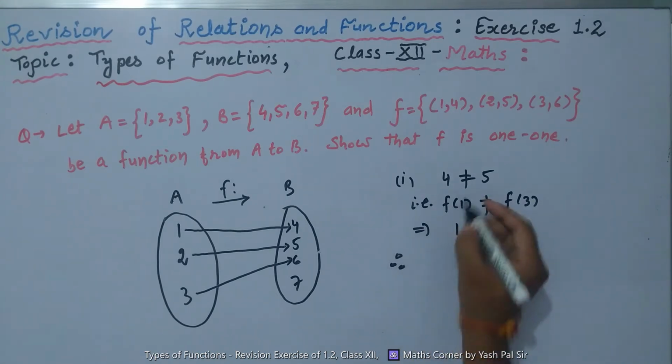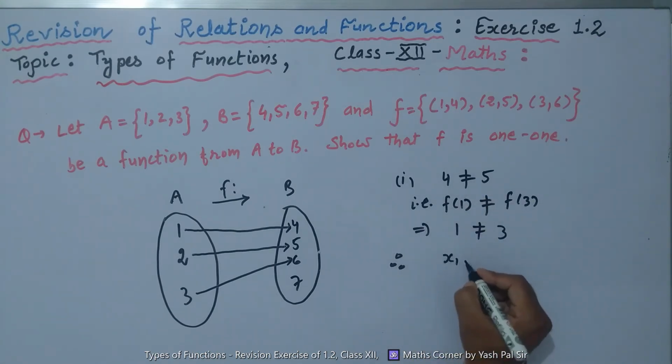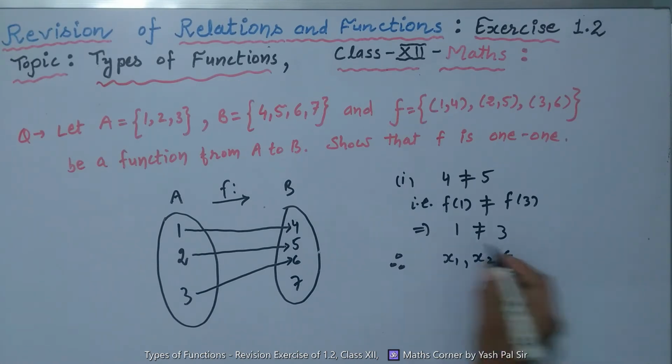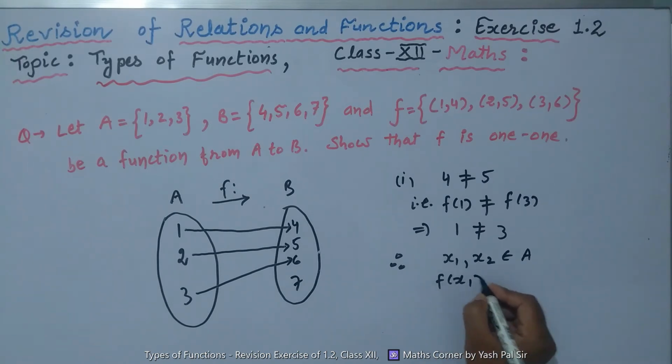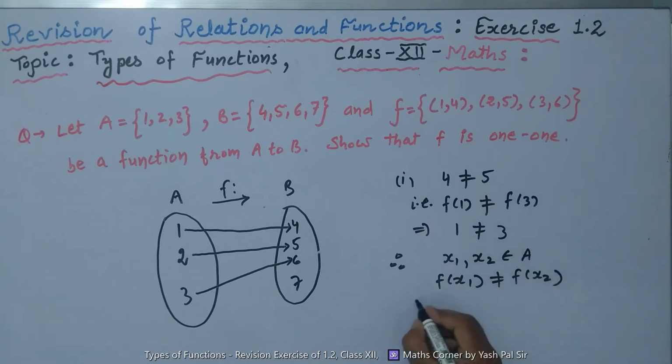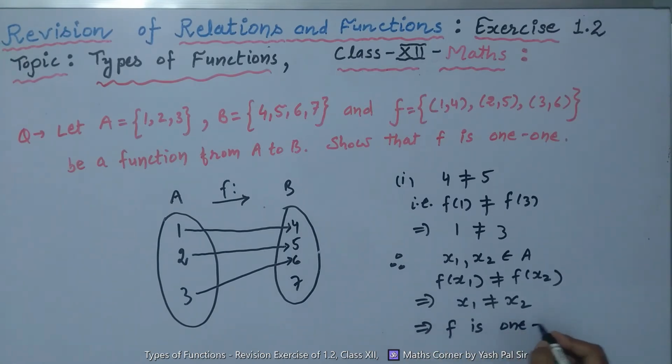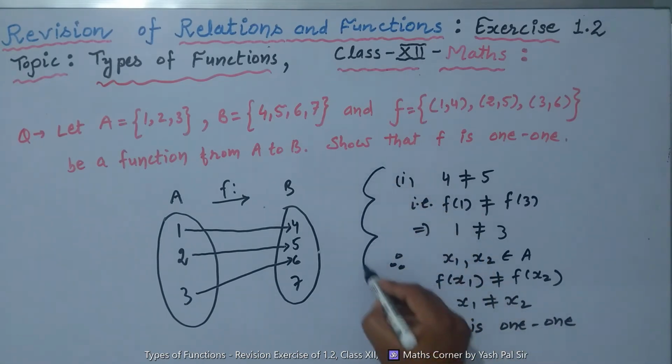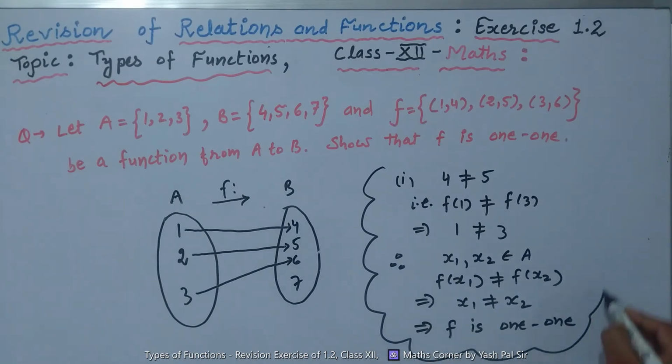So if x1, x2 belong to set A, f of x1 is not equal to f of x2 implies x1 is also not equal to x2. This means f is 1-1. So this condition is satisfied. So the function is a 1-1 function.